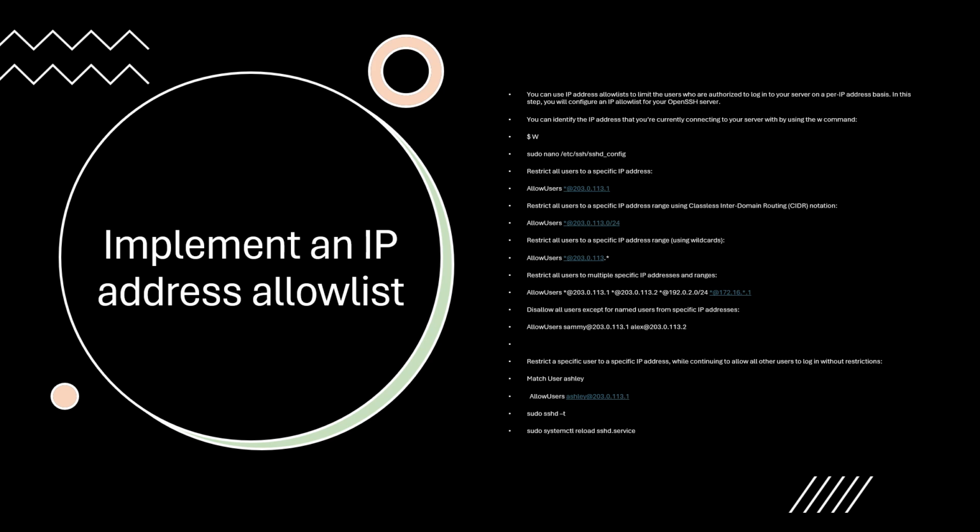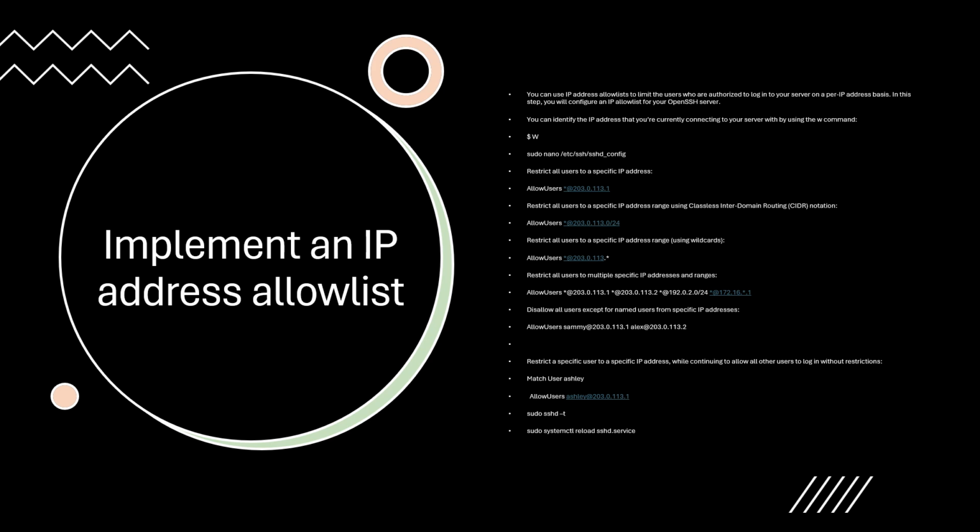Next, to start the process of doing the allow list, you would use sudo nano /etc/ssh/sshd_config. Then you restrict all users to a specific IP address. So you would use AllowUsers at your IP address, whatever your IP address is for that server.